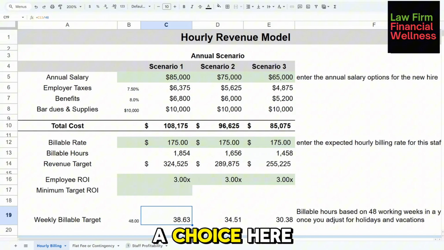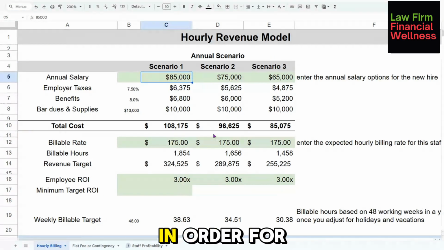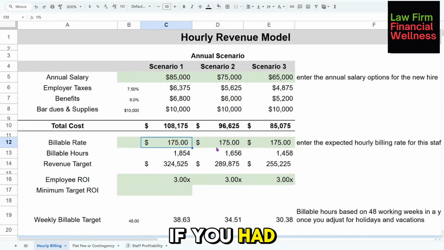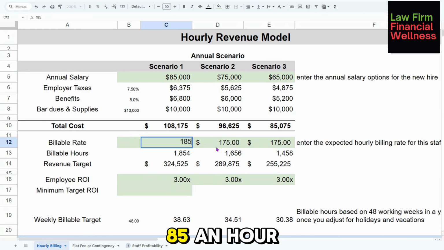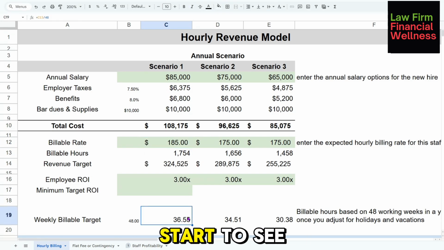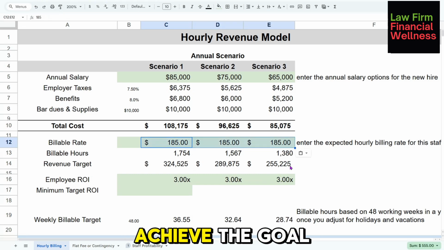So you have a choice here. Either you can only offer them a lower salary in order for you to hit this target, or let's see if you had some space to increase their billable rate. Because let's say if their billable rate went to $185 an hour, well, it starts to change the numbers, and you start to see, hey, it doesn't take that many billable hours to actually achieve the goal.